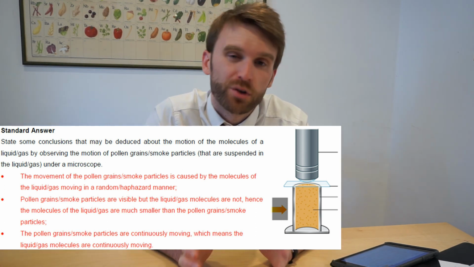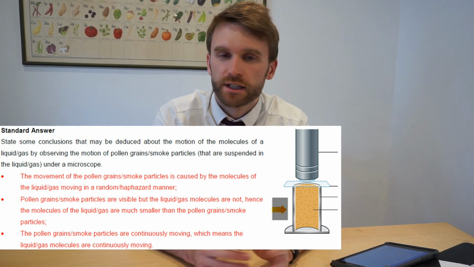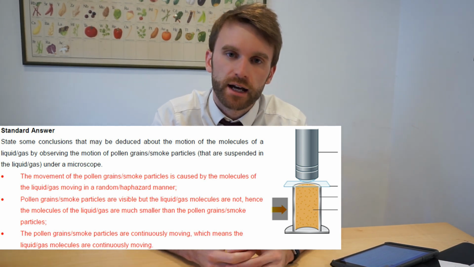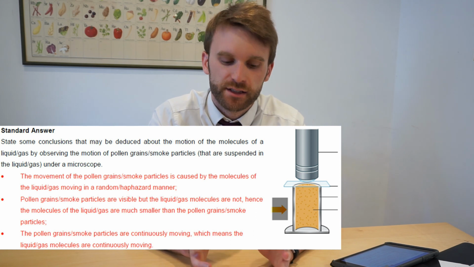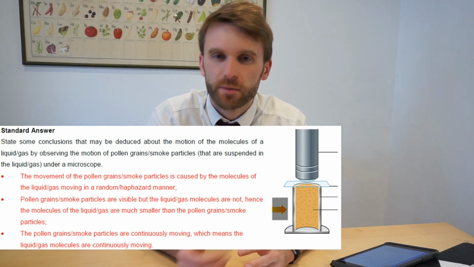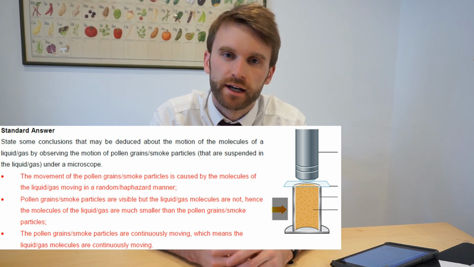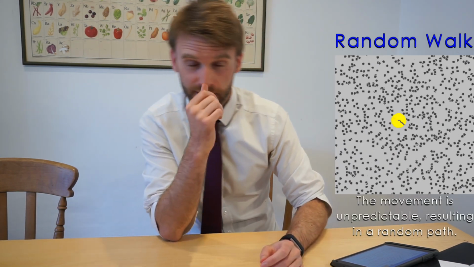And two, something that's not written down there, and you might just want to add, is that it also shows that the speed of the gas or liquid particles is very high because their mass must be smaller than the larger pollen grains.